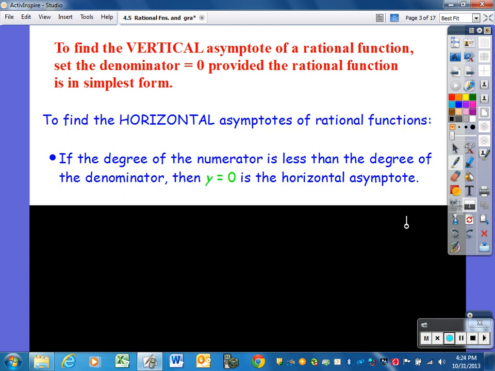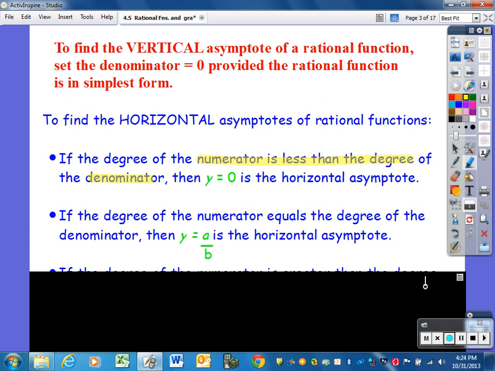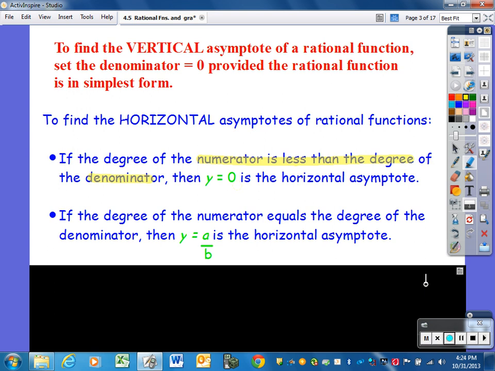If the degree of the numerator is less than the denominator, your asymptote is going to be y equals 0. If the numerator's degree equals the denominator's, your asymptote is going to be y equals a over b.